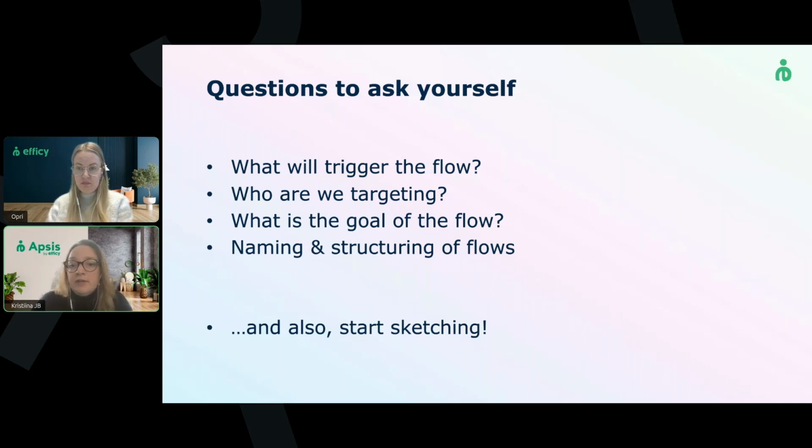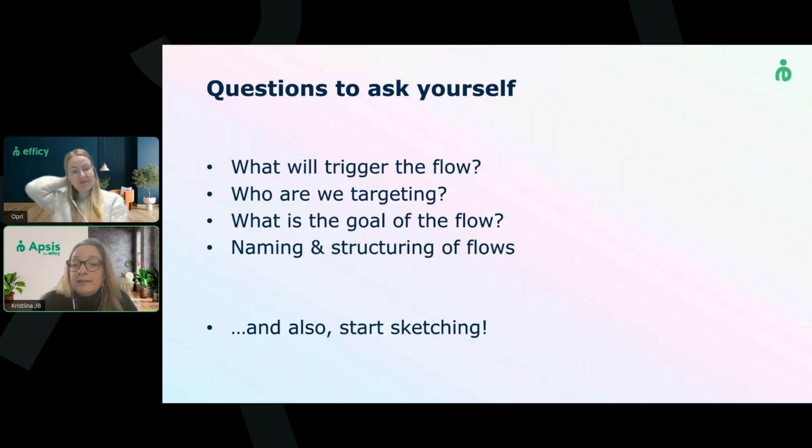What data do we have? Is it in the right format? And so on. And then also, who are we targeting? So about the personalization that Opri mentioned, we want to know who the subscribers and profiles are. So look into what kind of information we have about them, and also where the consent related to those subscribers is.